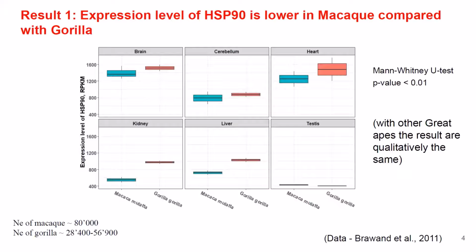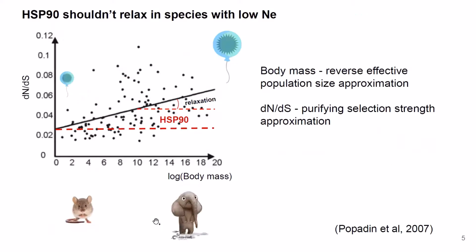And we saw that in macaque, that has the highest effective population size across primates, the level of expression of HSP90 is lower compared to gorilla, that has a lower effective population size, almost in all tissues, which is in line with our expectation.